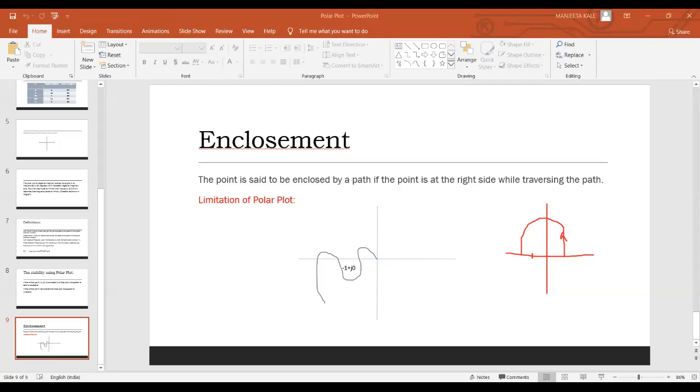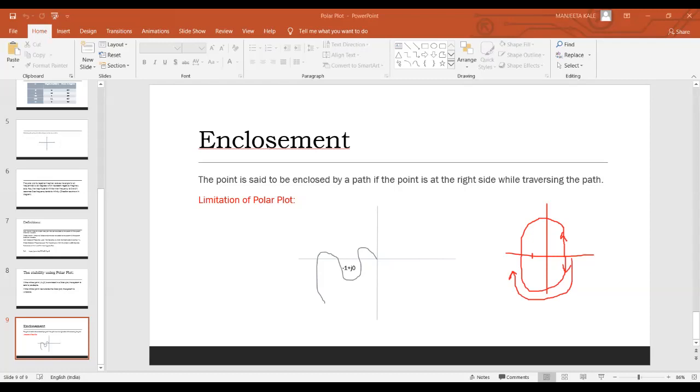So we can't say that this point is enclosed by the path. But if you are moving in this direction, then we can say that the point is enclosed, because always the point will lie to the right side of the movement, right? So this is called enclosement.